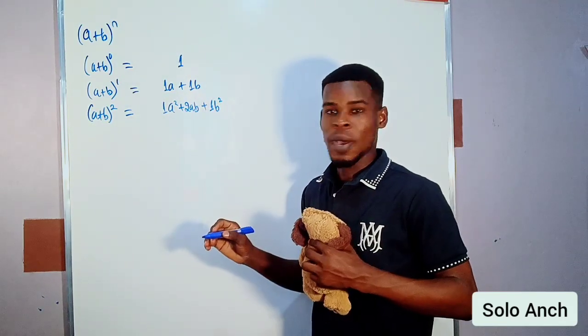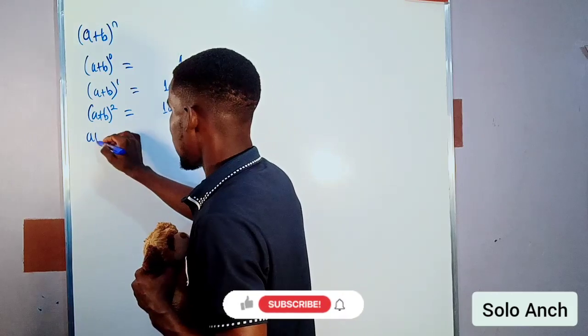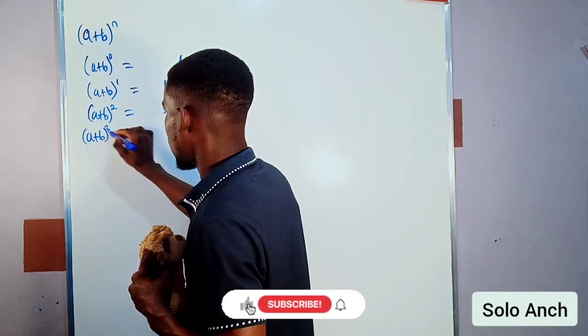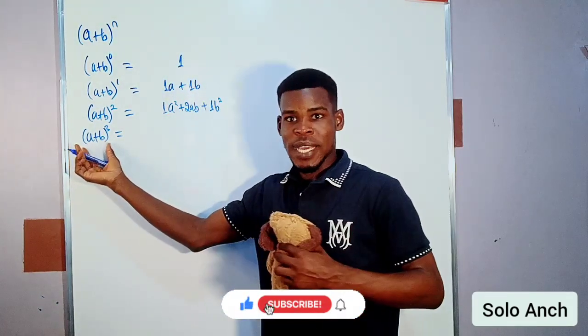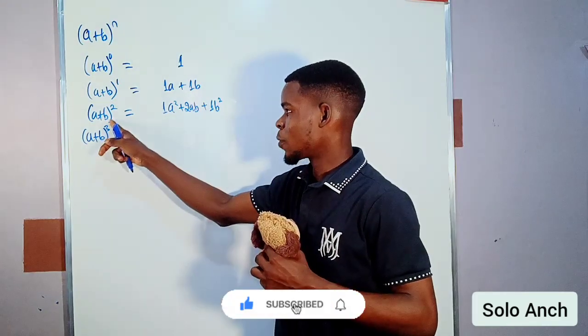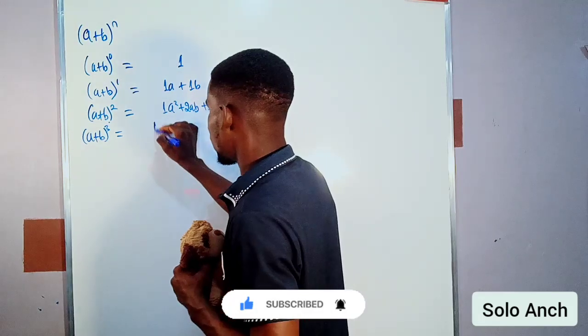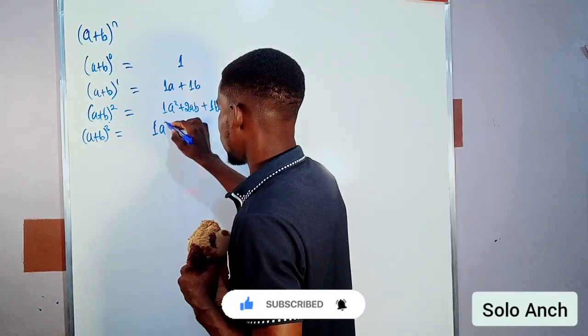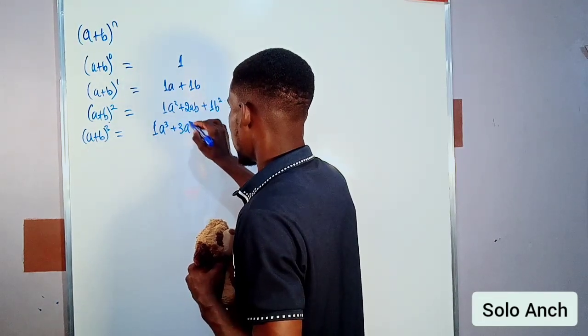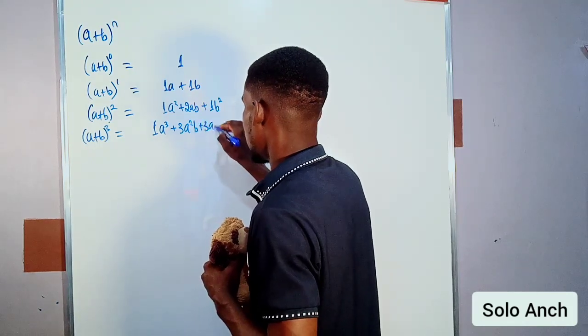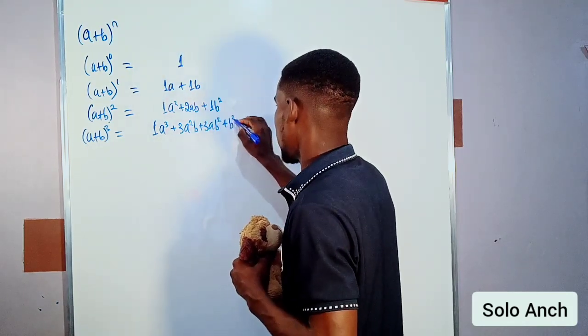For the power of 3, we have (a + b) raised to the power of 3. We multiply a plus b by itself 3 times, or use the a squared result and multiply it by a plus b. When you expand that, you get 1a to the third power plus 3a squared b plus 3ab squared plus b to the third power.